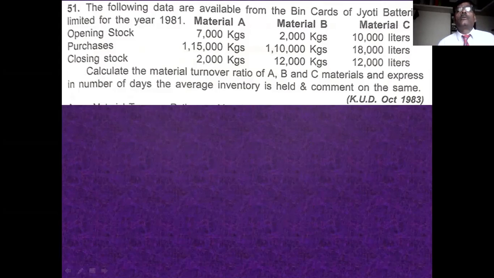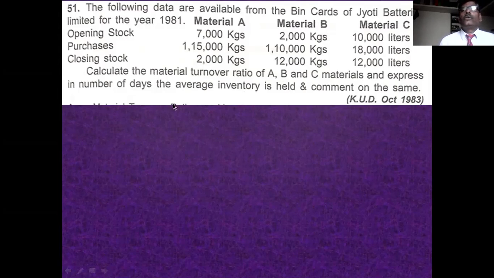This is also information related to 1 year. Opening stock is there, purchase is there, closing stock is there. They have to calculate material turnover ratio for A, B, C material expressed in number of days the average inventory is held, and comment on the same. I will make the comment on the result.